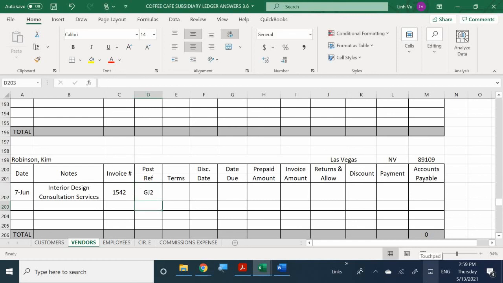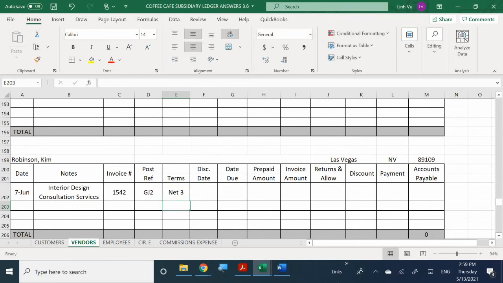And now here is where terms come into play. She didn't give us any discounts. However, we have one thing: when is this bill due? Within 3 days. So if you guys remember, I referred to due in 3 days as net 3.